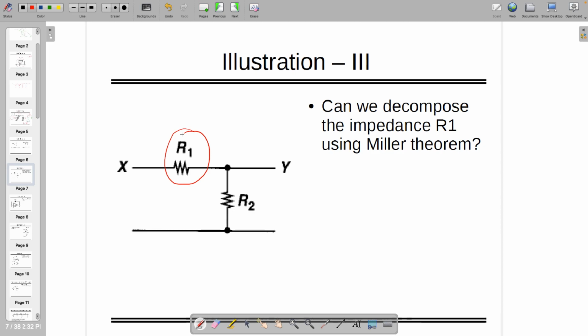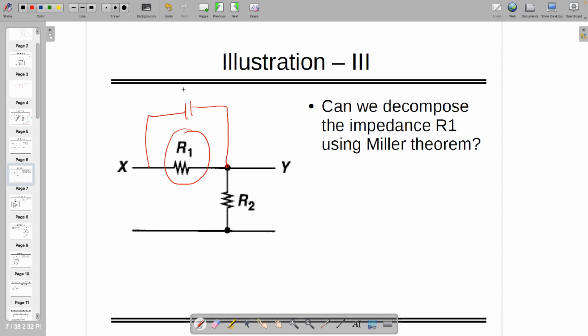Akash, tell me, can we decompose or not? No, because there are two paths, R2 and Y direction, and the previous one has only one direction, so there might be a different current.